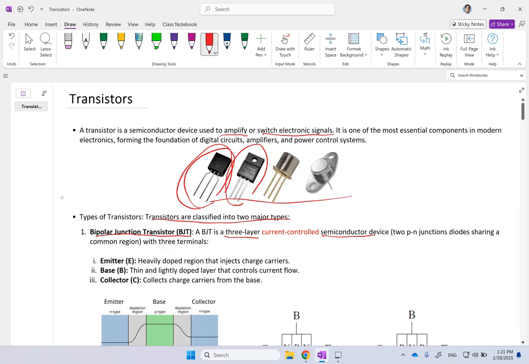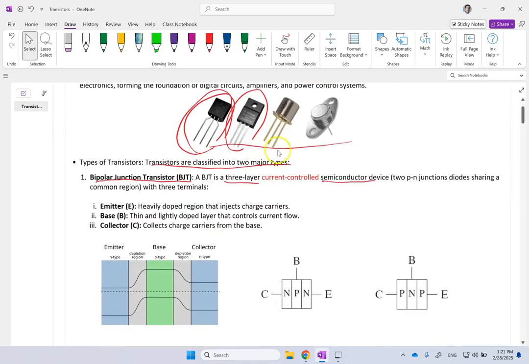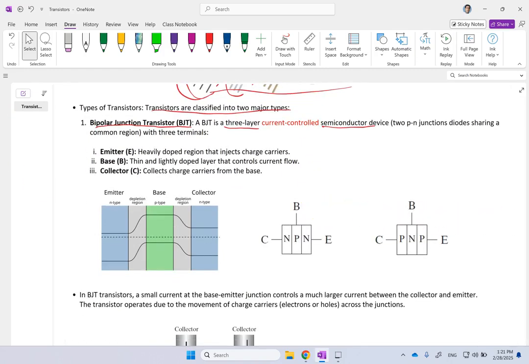It's basically like you bring two diodes. Remember, diodes have a P region and an N region, positive and negative, and a depletion region in between. Now if you bring two diodes and put them head to head, you can have a PNP or NPN, right?